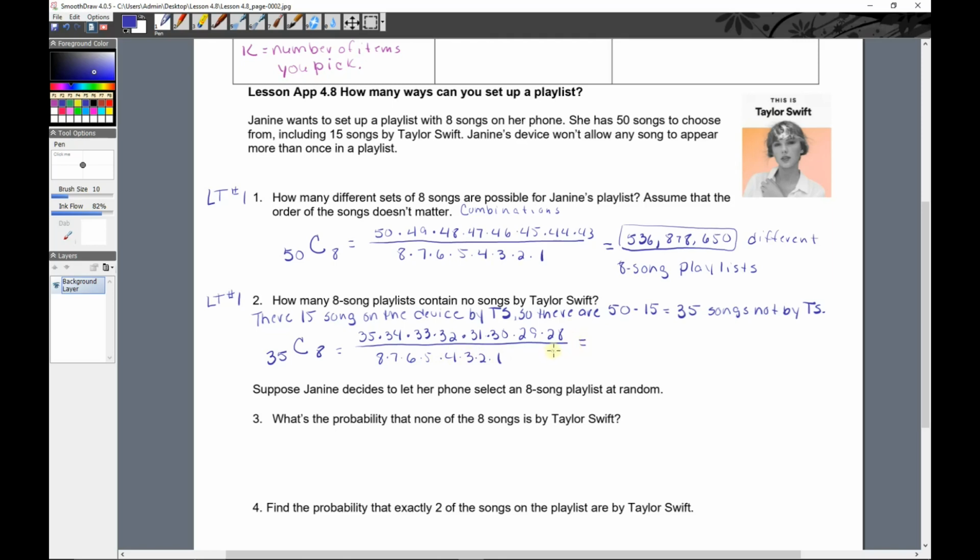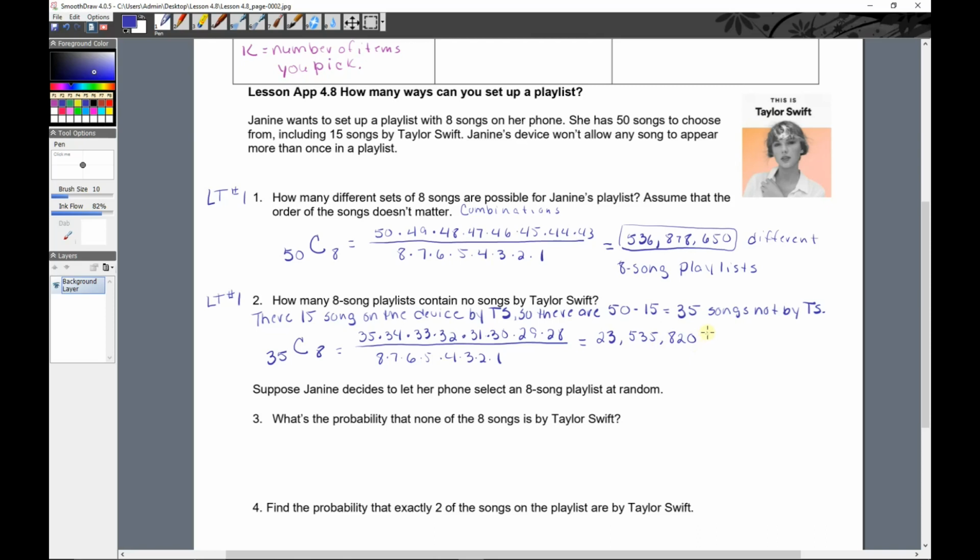Okay, since we pulled out the Taylor Swift songs, there should be fewer of these combinations. And there are. It turns out instead of 536 million or so, it'll be 23,535,820.